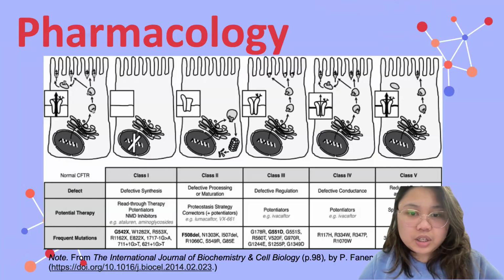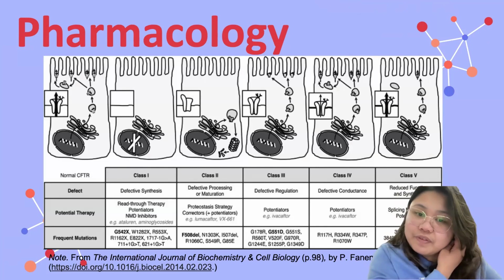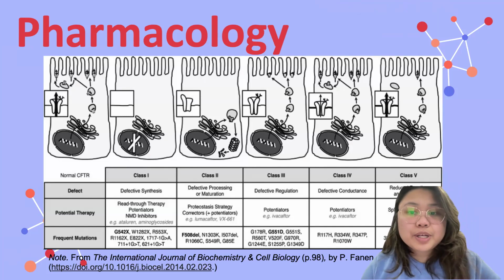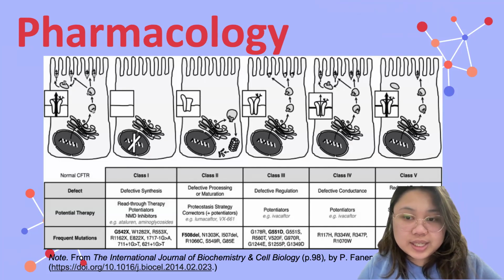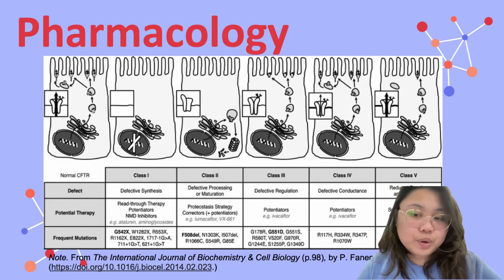So with our pharmacology, CFTR mutations have different classes, and class 2, or F508del, is by far the most common, as 80% or more of patients have this mutation, as per Deboeck et al. 2014. Trikafta is one of the medications that is given to patients diagnosed with cystic fibrosis.